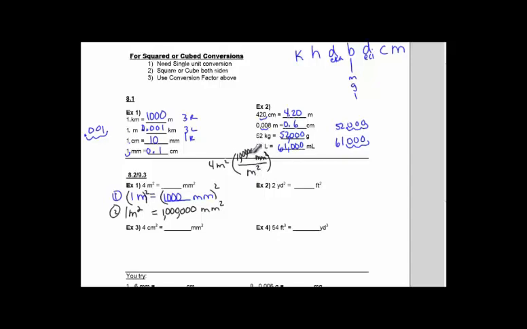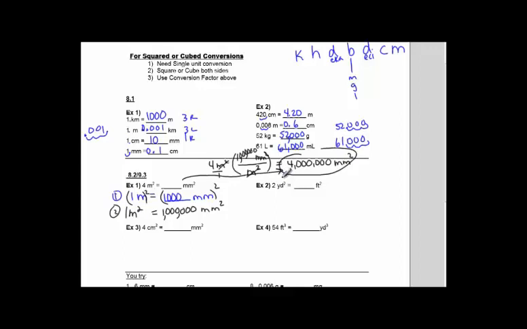So this has a value of 1. And as I multiply, the square meters will cancel out. As I multiply fraction, this is like a 1, we already have 1 in the denominator here, multiply across the numerator, we'll end up with 4,000,000 square millimeters. I can barely fit that in there, so I'm going to keep it right here.